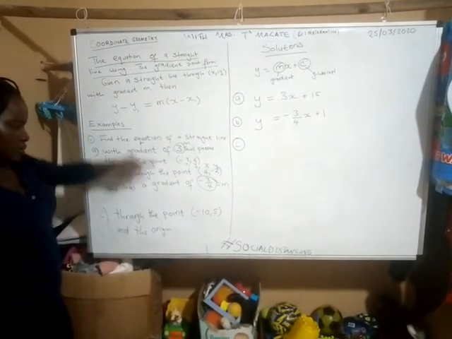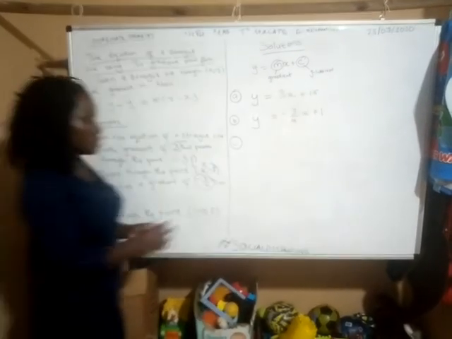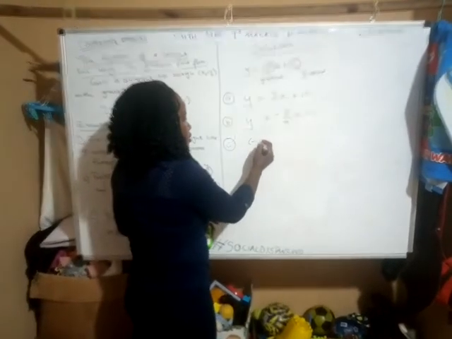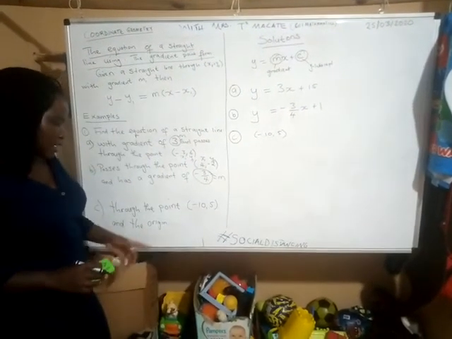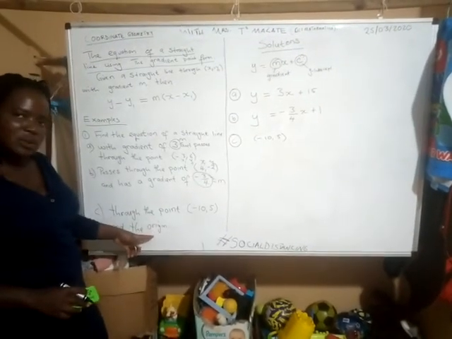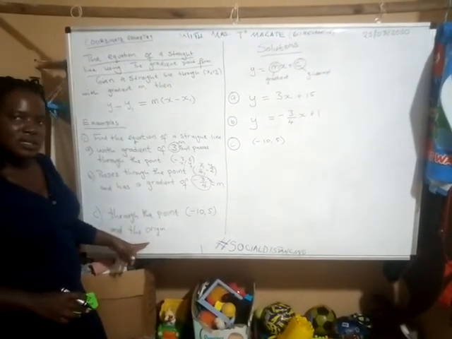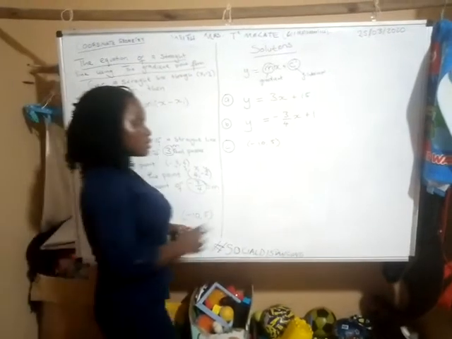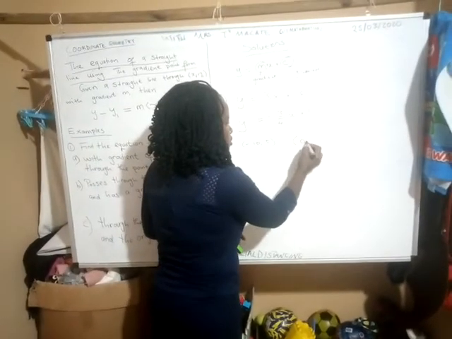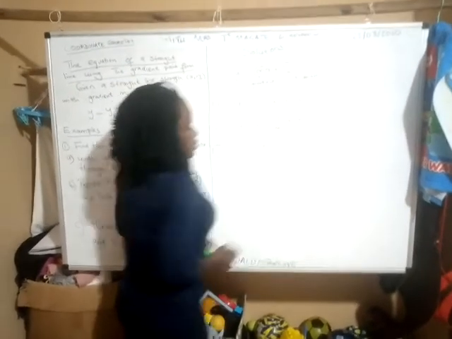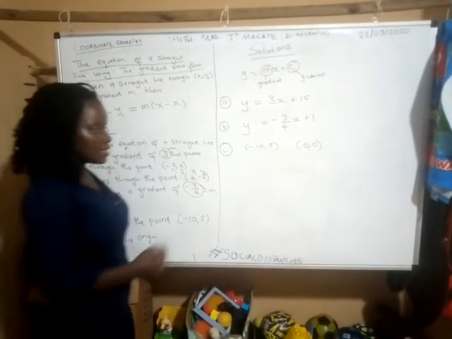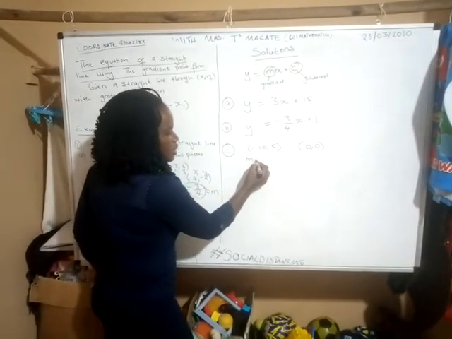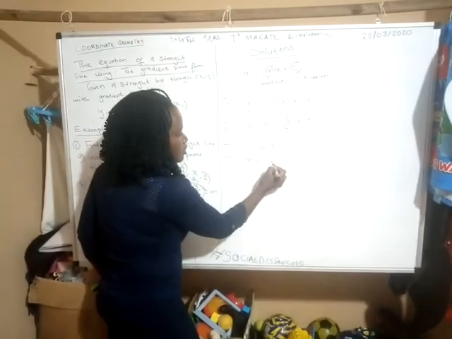Which 2 points are we going to use? It passes through negative 10, 5 as well as the origin, and on the x-y plane the origin is simply 0, 0. So using our formula for finding gradient, you will find that m is equal to negative half.